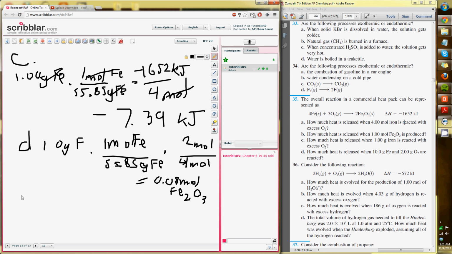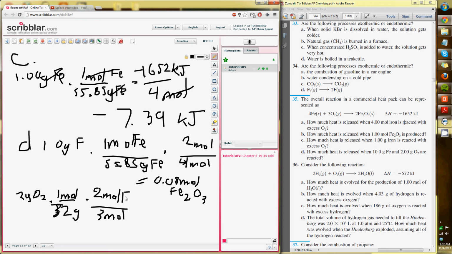And you do the same thing for oxygen. 2 grams, right? Yeah, 2 grams of O2. You multiply by 1 mole. I'm not going to write the O2s and stuff because that's really tedious. That's 32 grams times 2 moles over 3 moles.